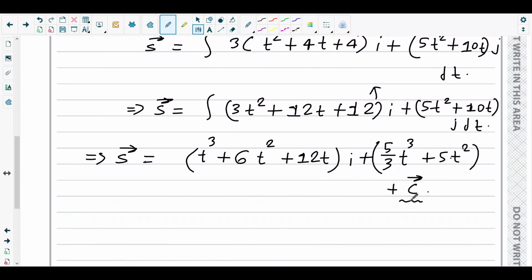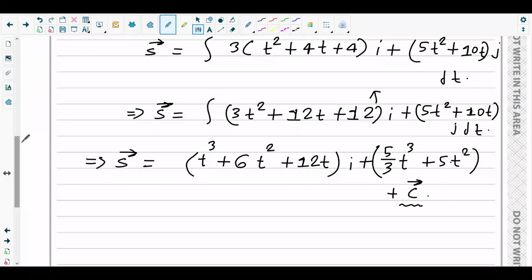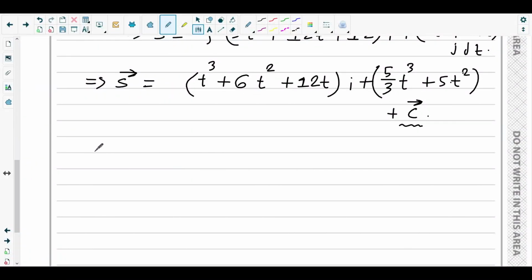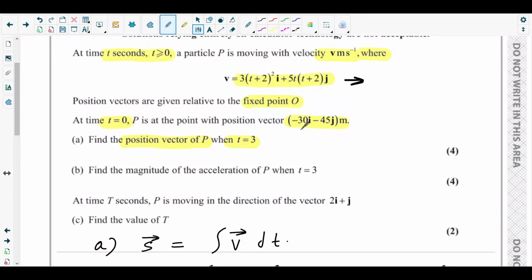That's why it got lost in differentiation. So when you integrate the velocity vector, you have to add this lost constant vector. Okay, so let's find this constant vector c by using the given position vector.